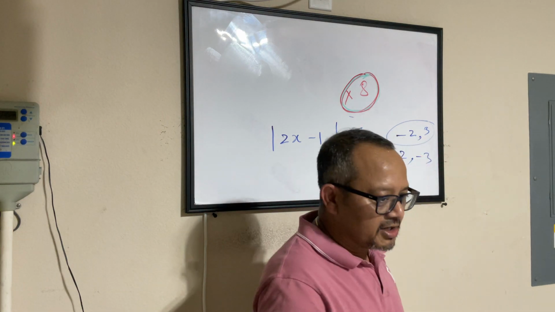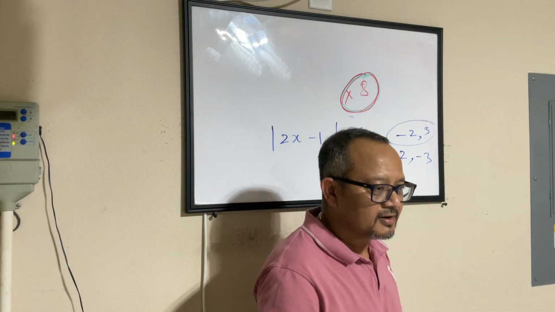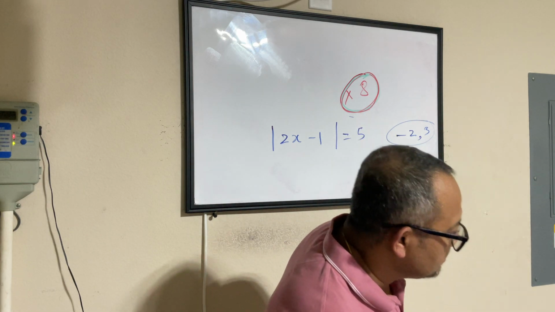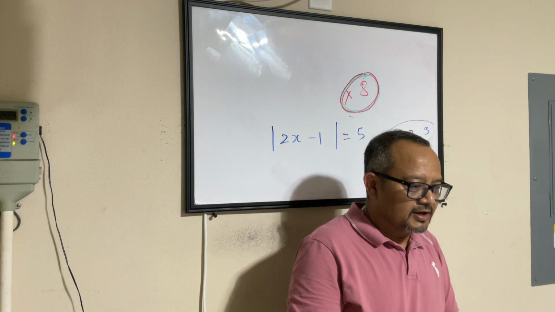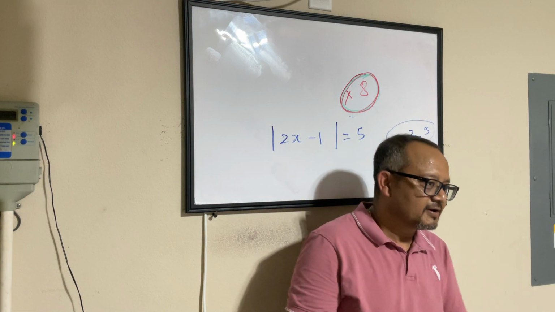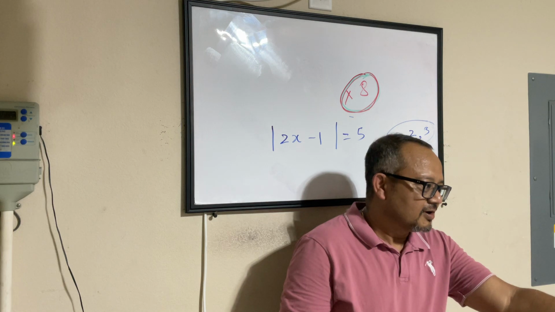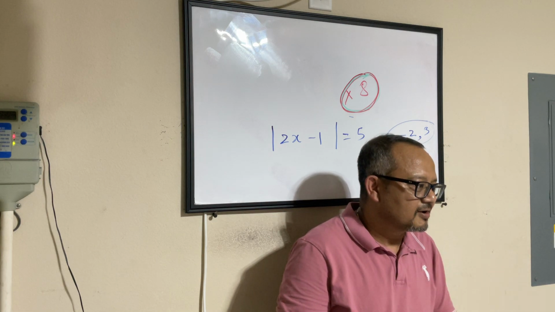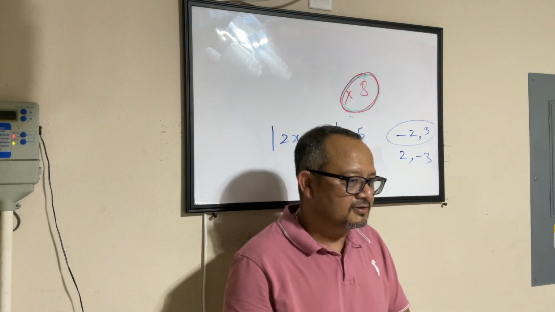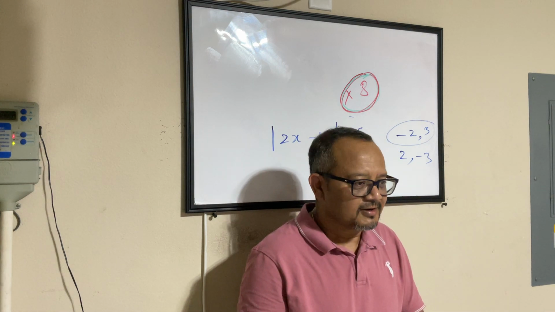Positive 3, -2, okay. Neil? -2 and 3. Okay. Anjani? I got -2 and 3. Ritika? I also got -2.